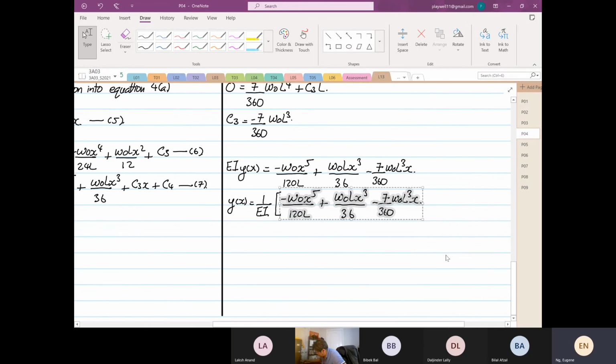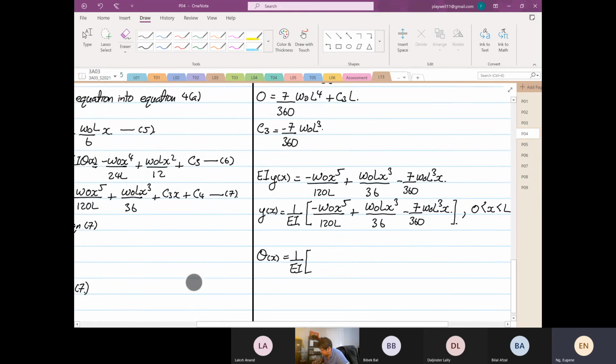Right, and so at any position x, this is valid when x is between 0 and L. As long as your x is between those limits, this equation will work. So you can find at any point how much deflection you're going to get. Likewise, if you want to, you can also find the slope.